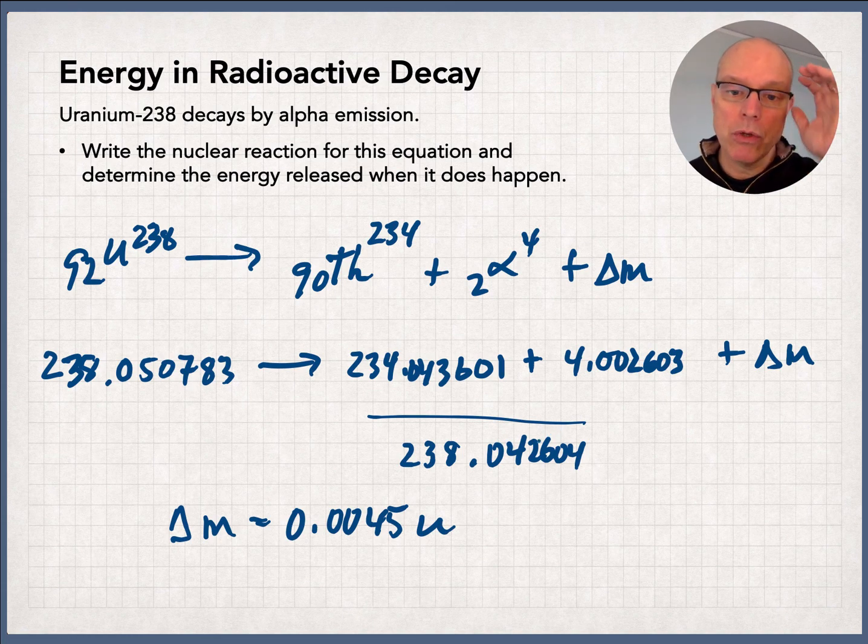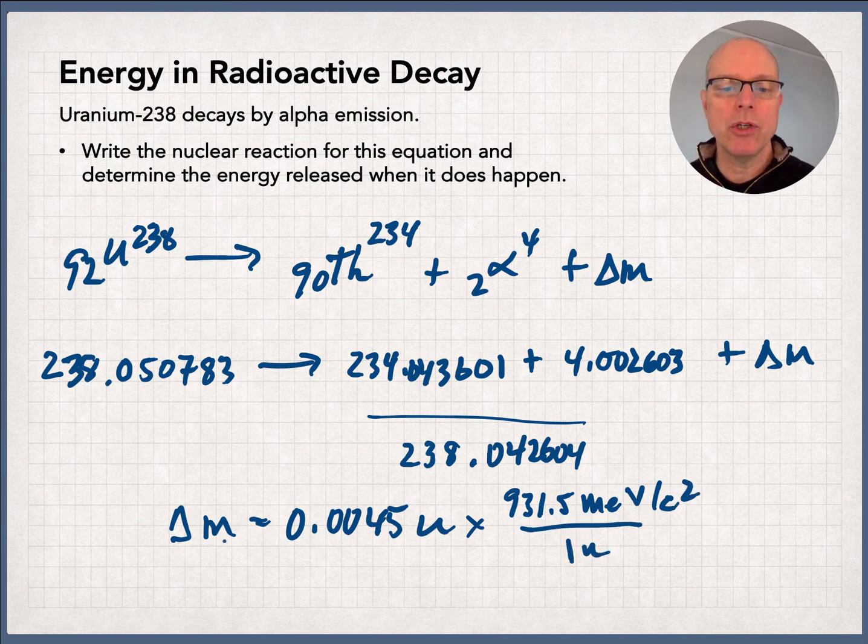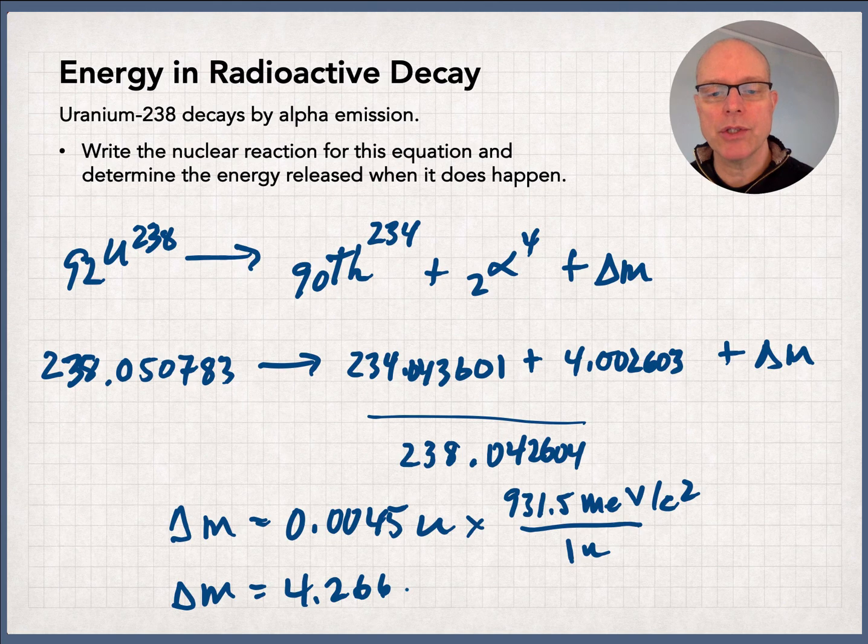Now, what you want to do is convert that into a handier version of atomic mass units. So I multiply by my very handy conversion factor: there's 931.5 MeV per c squared in one atomic mass unit. So the missing mass is equal to 4.266 MeV per c squared.